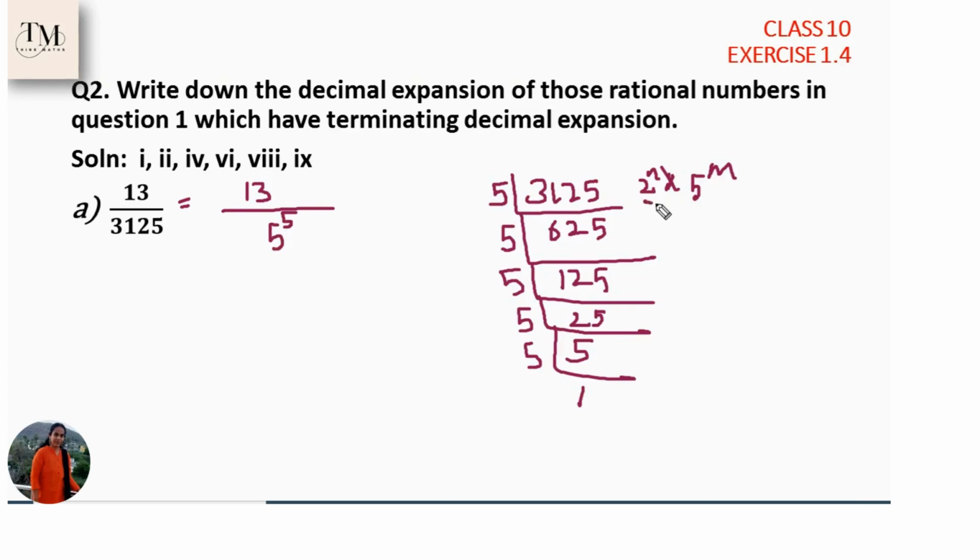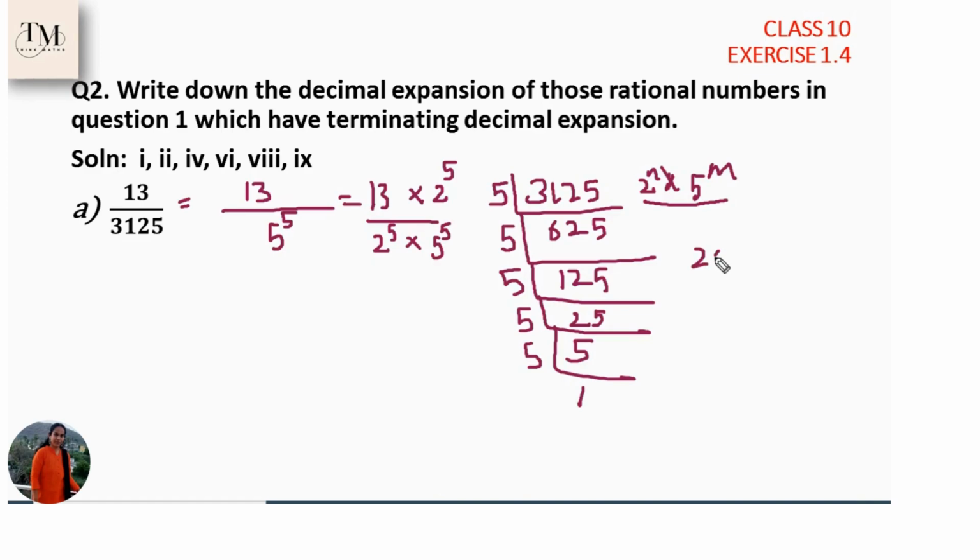So it should be of the form 2 power n into 5 power m. To bring it to this form, I divide both numerator and denominator by 2 power 5. So 13 into 2 power 5 divided by 2 power 5 into 5 power 5. What is 2 power 5?